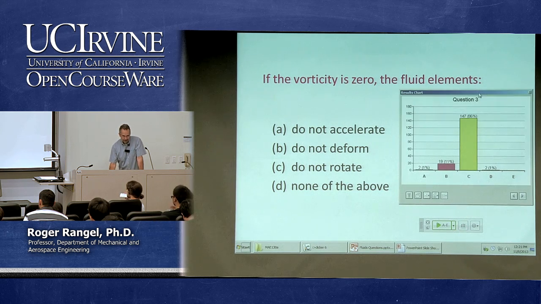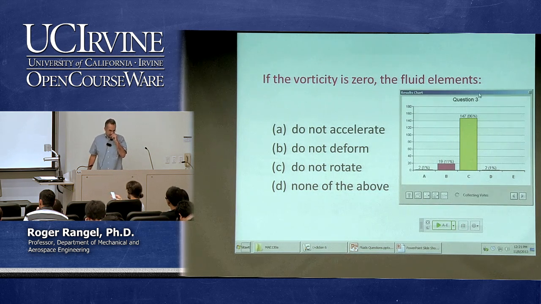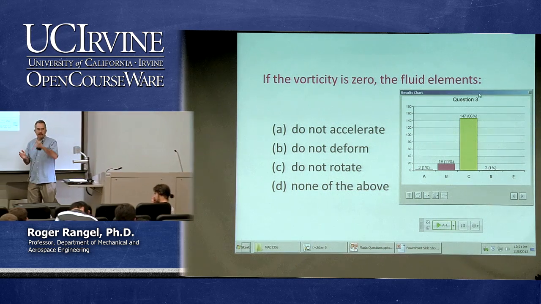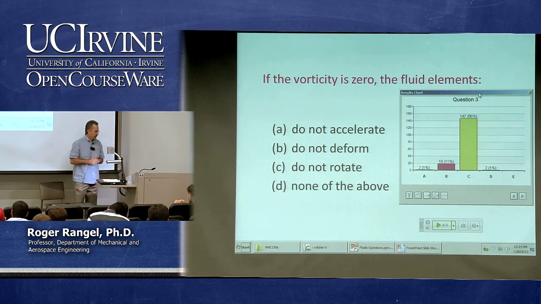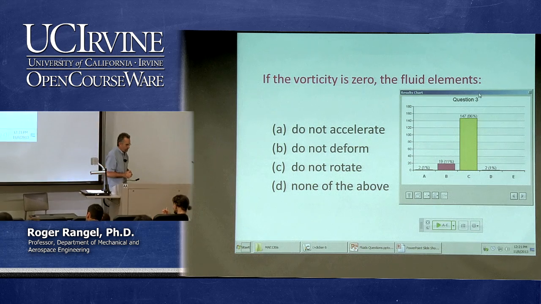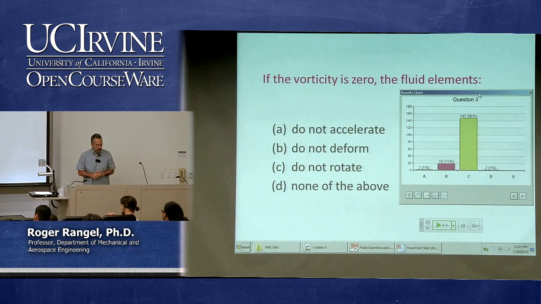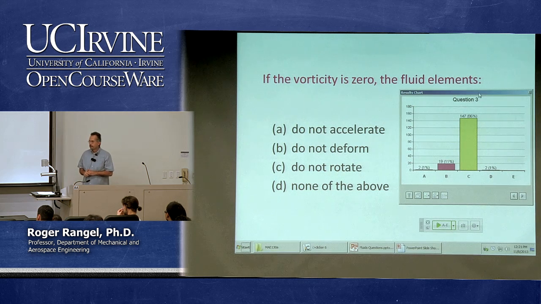Correct. The vorticity is 0, so the fluid elements do not rotate, because vorticity is directly related to the angular velocity of the fluid element. They could deform.